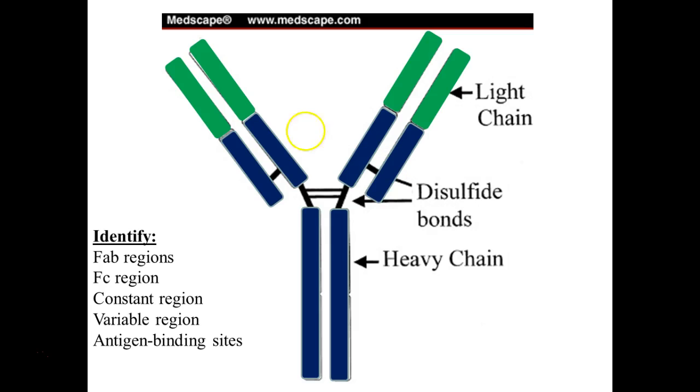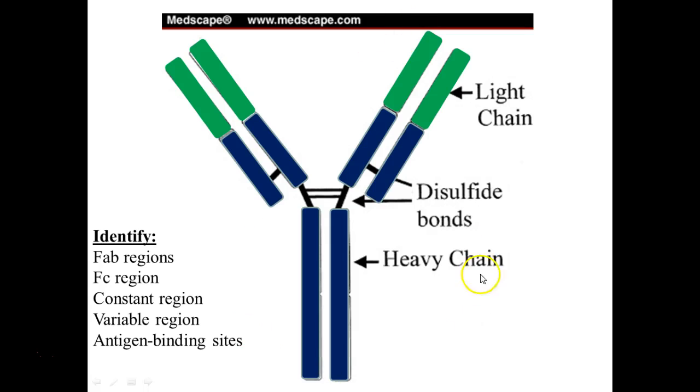We got to have this bonding that happens between these two chains. So combined between the light and heavy chains, we have this variable region. So it's that combination, right, of light chain and heavy chain that gives us even more variability.